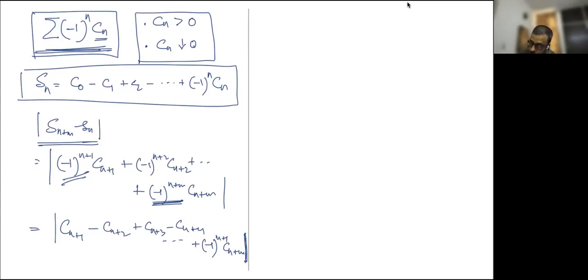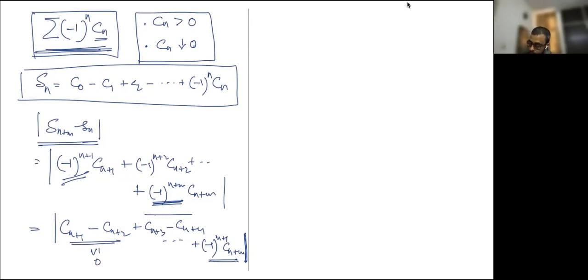Okay. So now the argument is exactly the same again. You first pair them like this, starting from the first term. So each term is non-negative. And if you are left with a single term, that would come with a positive sign. That is the other observation you have to make here.